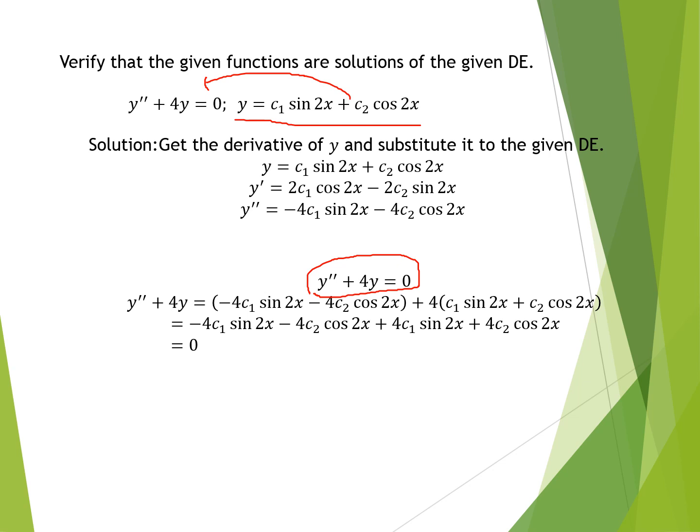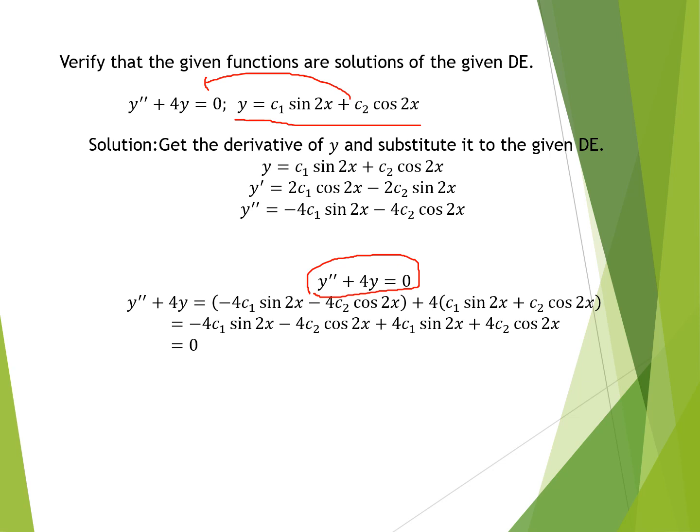This is negative 4c1 sine 2x minus 4c2 cosine 2x, plus 4c1 sine 2x plus 4c2 cosine 2x.